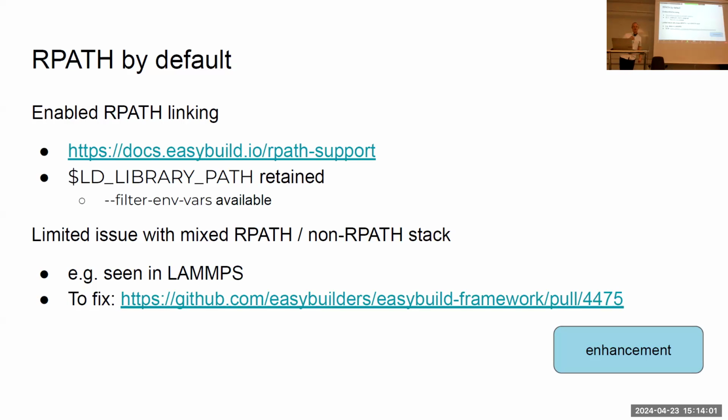It will work, but we just need to work out why the sanity check fails on it, or implement a workaround. If you want to read about that, where I say fix, that's actually a pull request, and it has some documentation as to what we're doing and what's going on.